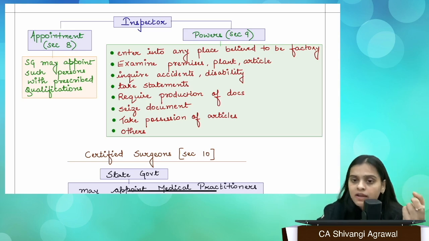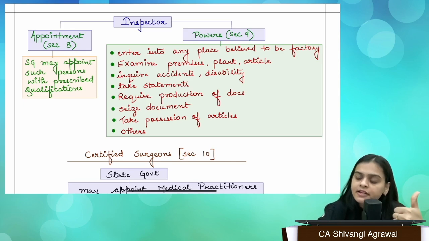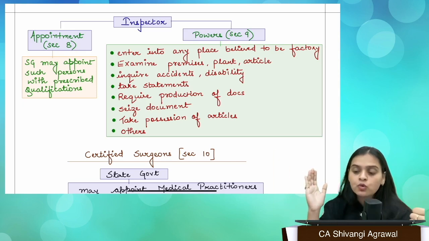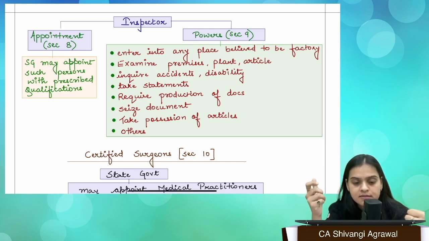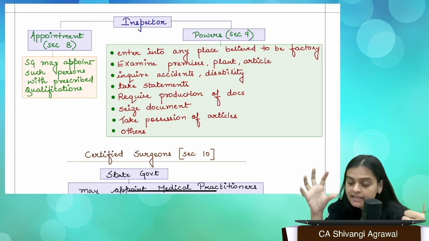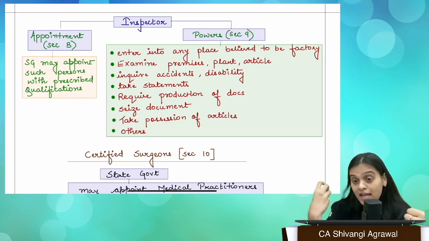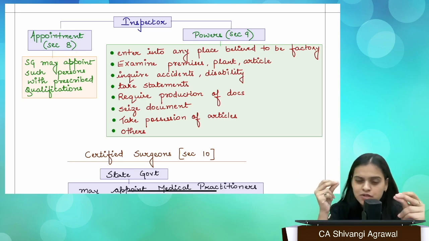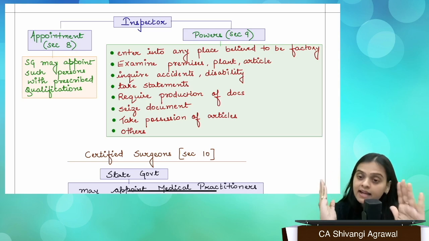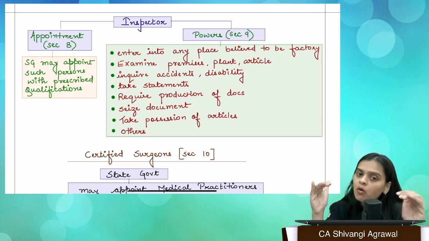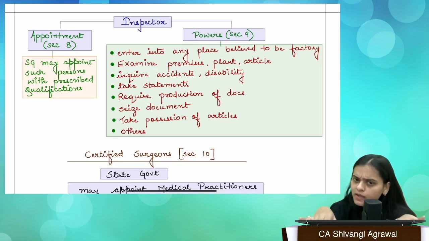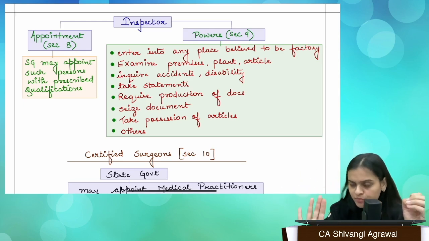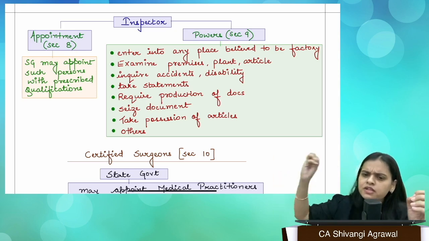What are the powers of the inspector? They can enter into any place. There are many industrial areas in Delhi, and I have seen personally that even in residential areas, I cannot recall the exact name of that area, almost under every house the ground floor or the first floor has some manufacturing process going on, even if it is without the aid of power, where 25-30 people are working.